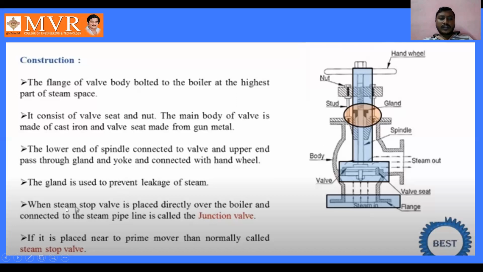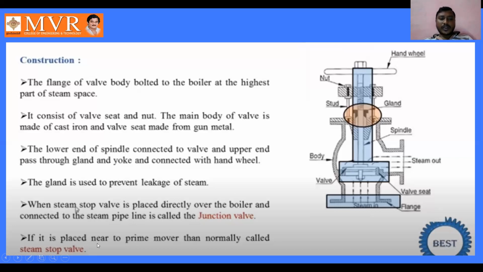And when the steam stop valve is placed directly over the boiler and connected to the steam pipeline, it is called the junction valve. See here, the valve which is placed over the boiler and connected to the steam pipeline is called the junction valve, which we are naming here as the junction valve.